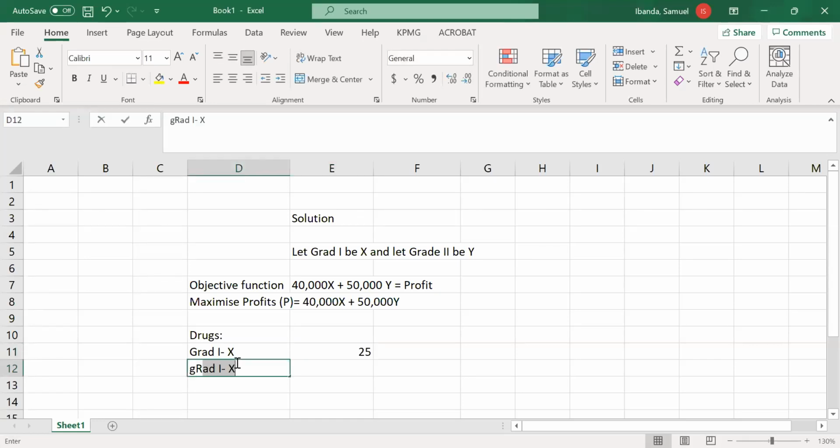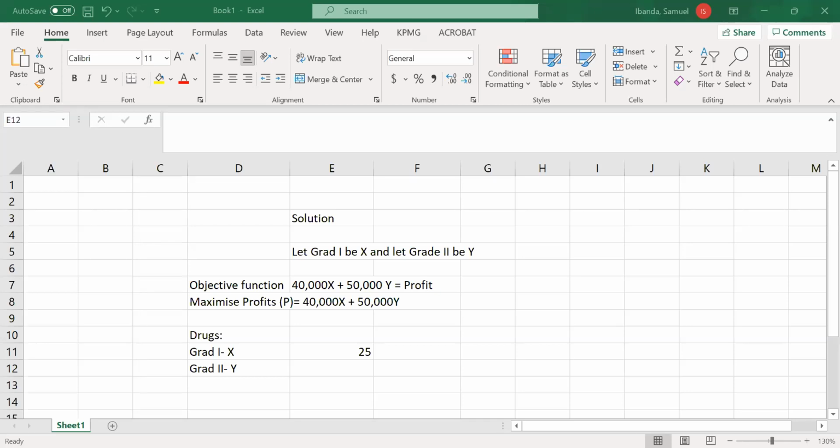And our grade 2, which is Y, okay, requires, in terms of drugs, 15 drugs.